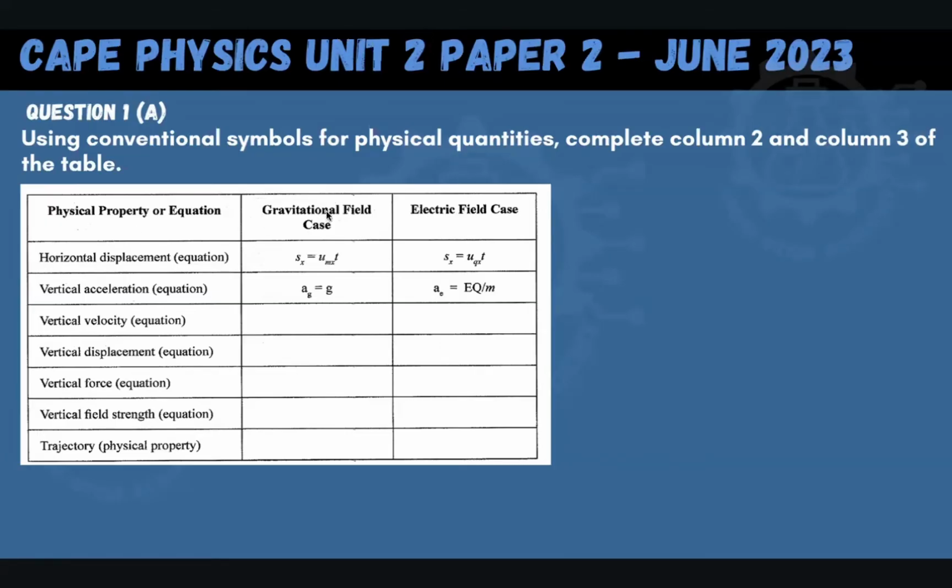So for the gravitational field case, where we have that mass M being projected horizontally, we can draw that as such. So I'm just going to put gravitational field case. So that's my first case there.